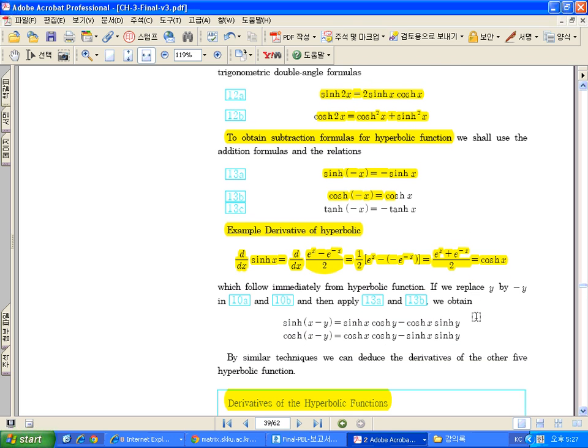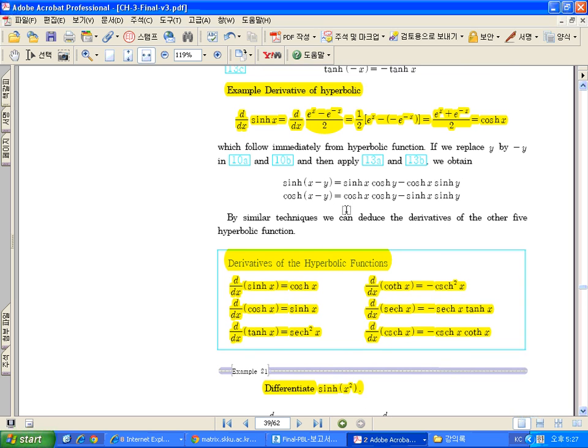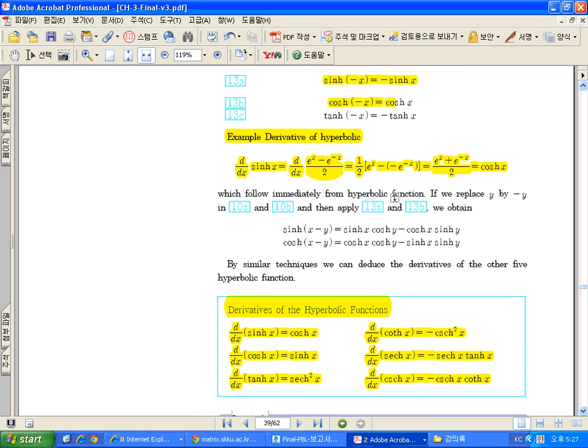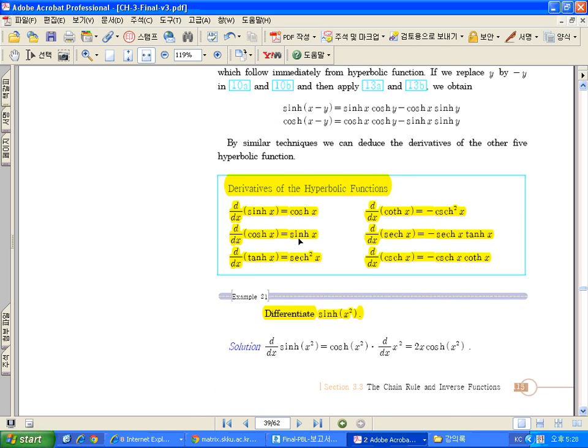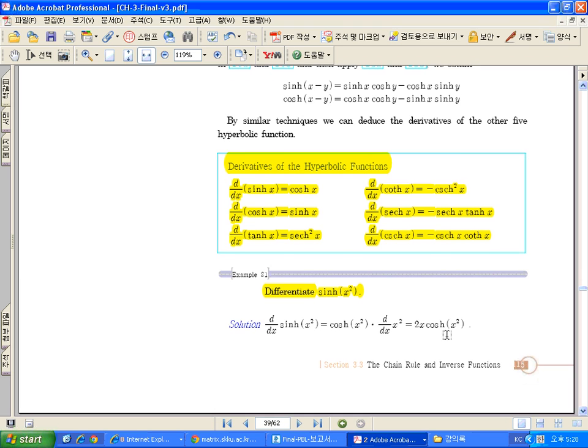From those simple equations, we have drawn a lot of interesting equations. With implicit differentiation, we can easily derive the derivatives of hyperbolic functions like this. This can all be found from the definition and some techniques on differentiation rules.